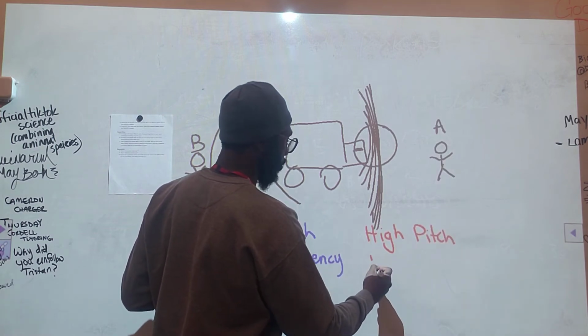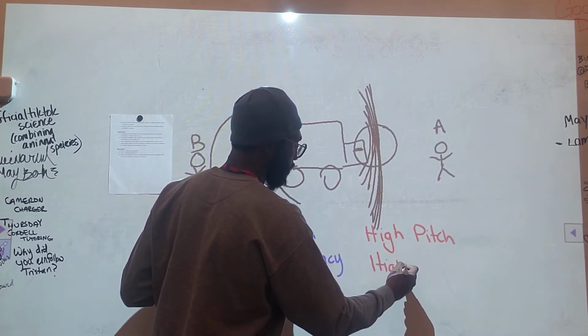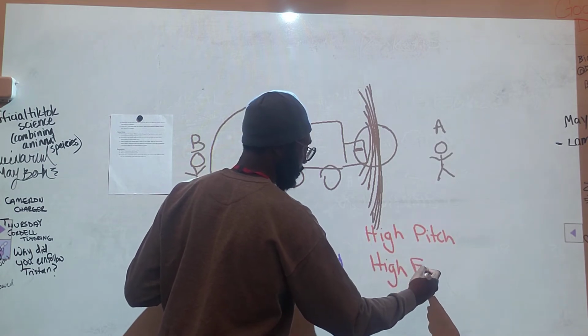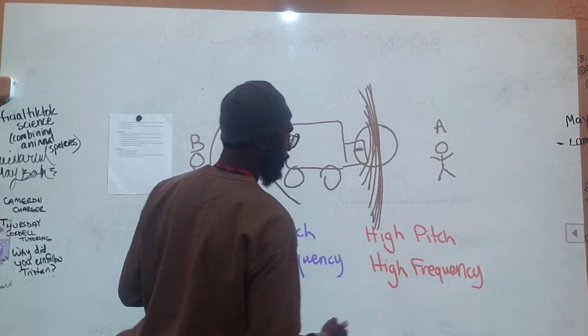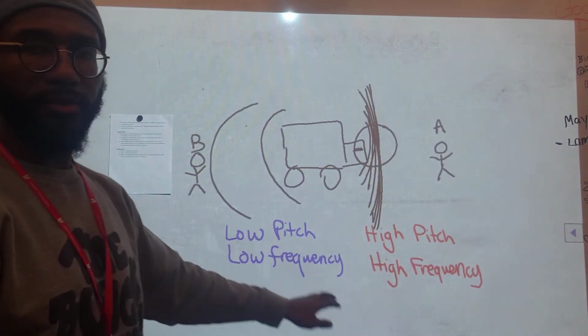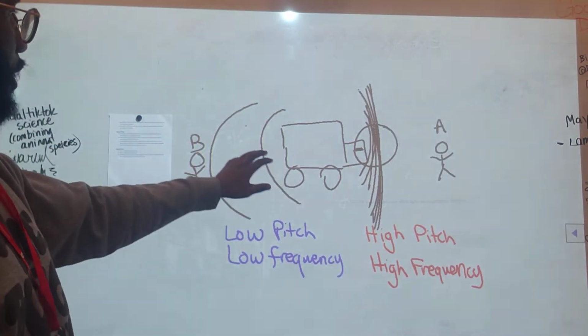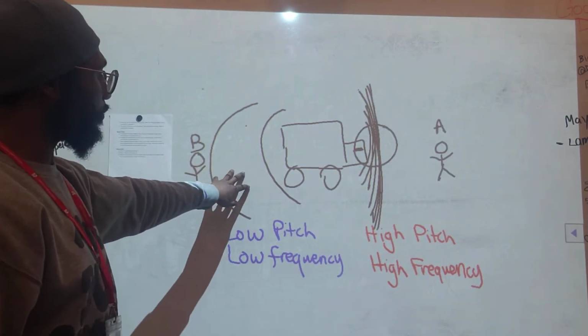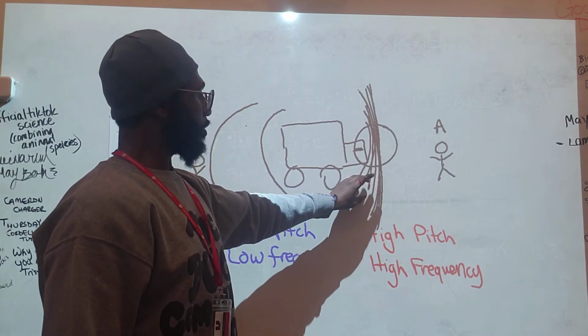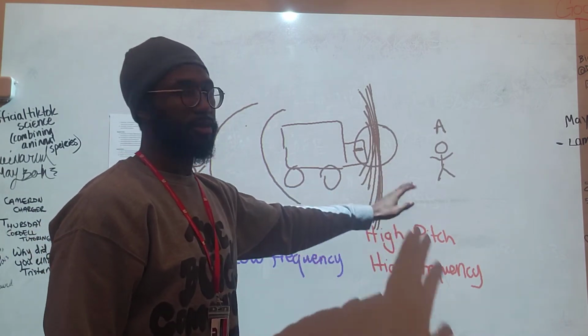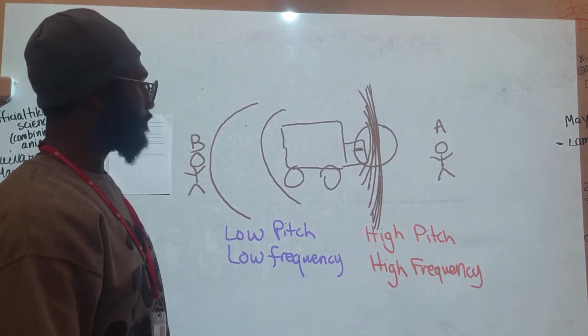So high pitch or high frequency. Okay? Awesome. So low pitch, if the ambulance is moving away from you, which is a low frequency. High pitch or a high frequency if the ambulance is moving towards you. Okay?